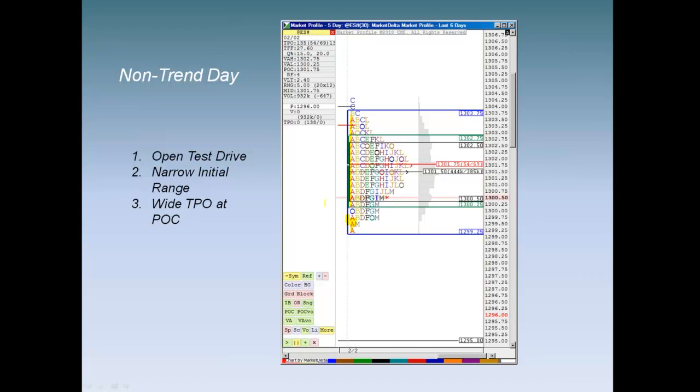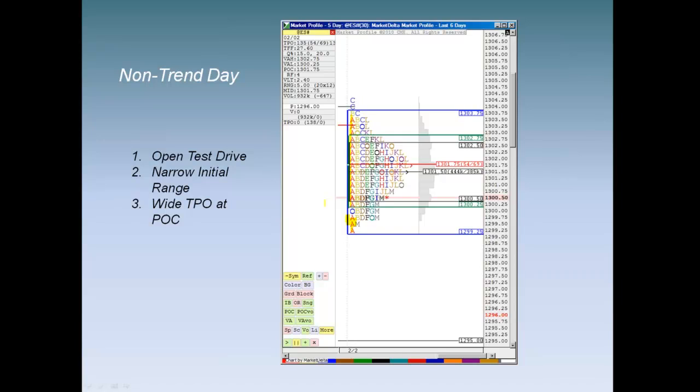The ranges of the open for directional days you will find are quite similar. The ranges for non-trend days are going to be somewhat similar. So now you have the added advantage of actually the research and the data that you've collected that gives you a clearer picture on what is likely to happen.